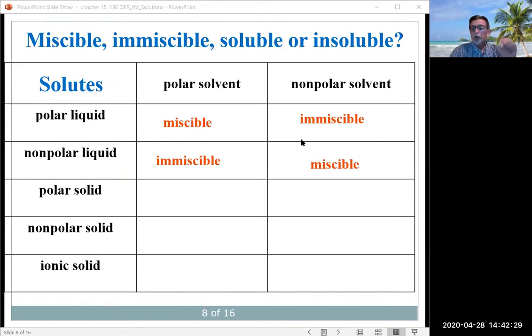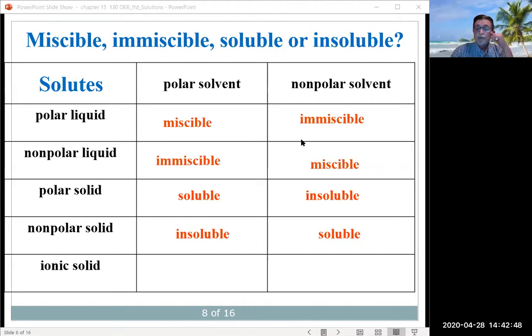Now we have a polar solid and a polar solvent. Yes, it would be soluble. With a nonpolar solvent, we label that as insoluble. Nonpolar solid and polar solvent, insoluble. And soluble when we're dealing with two nonpolars. With respect to an ionic solid, well, it depends.